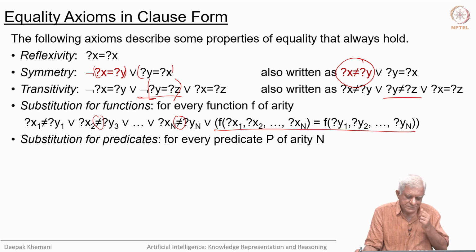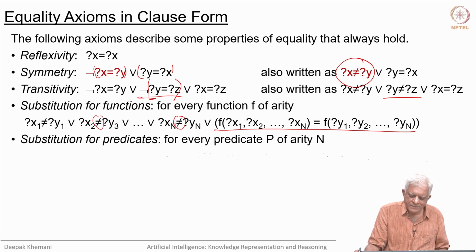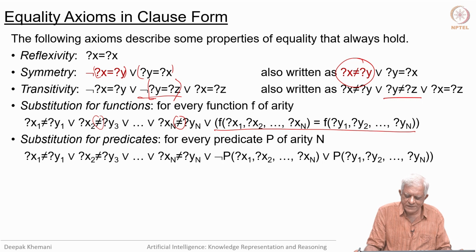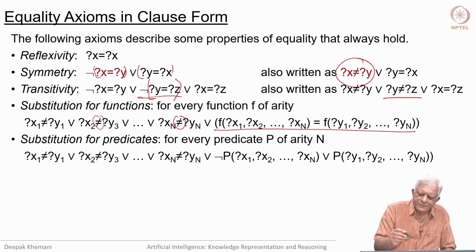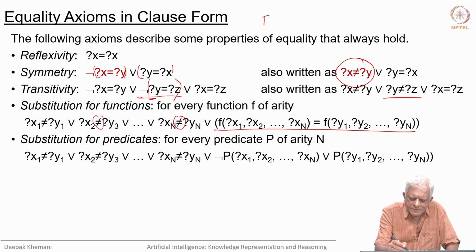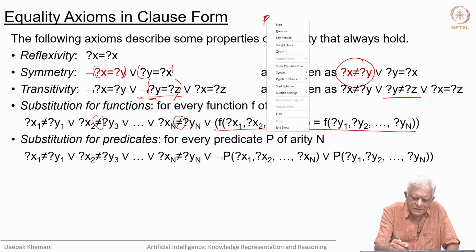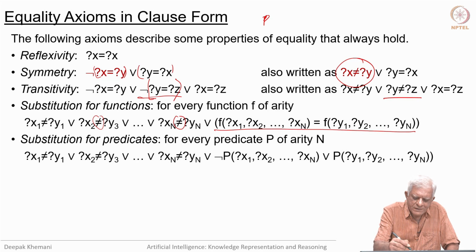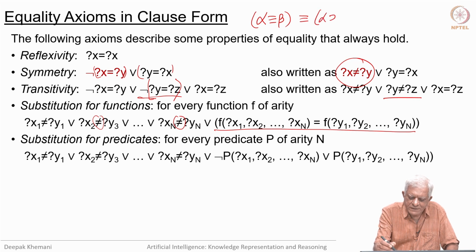But when we come to predicates, logical equivalence is like bi-implication. If you look at this formula, let us say alpha is equivalent to beta, actually this is equivalent to writing alpha implies beta and beta implies alpha.